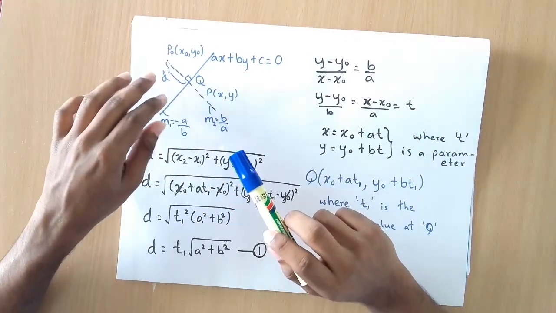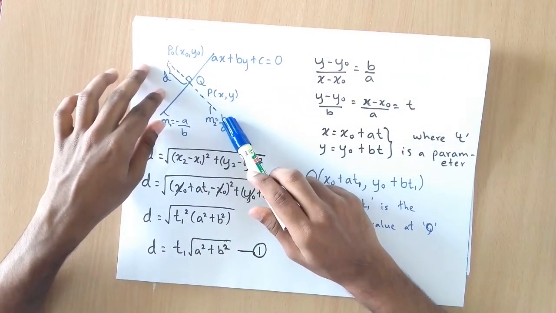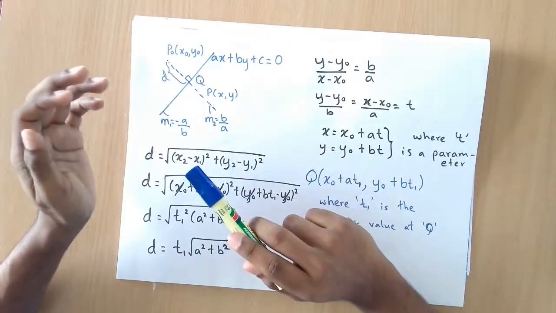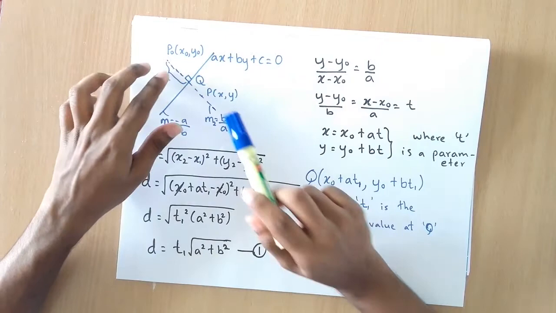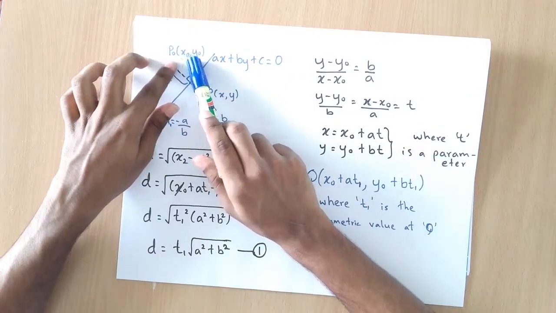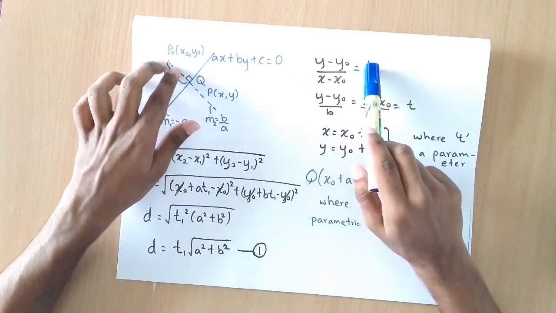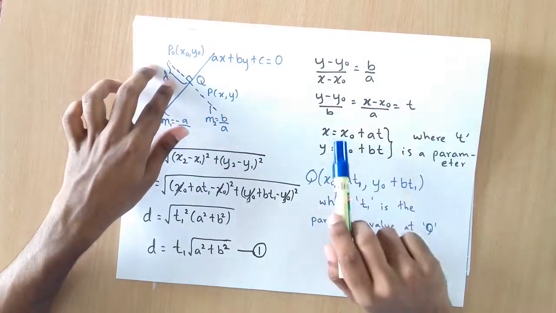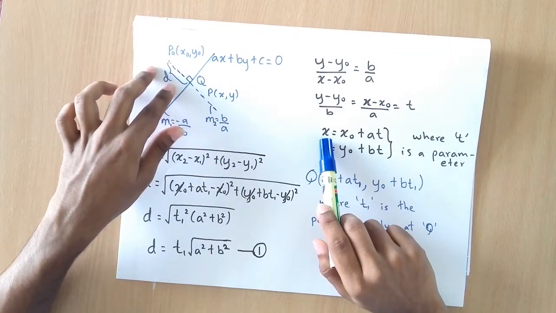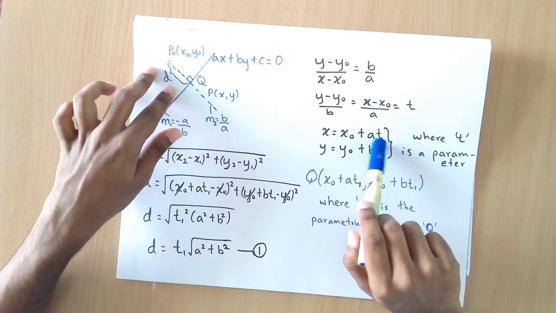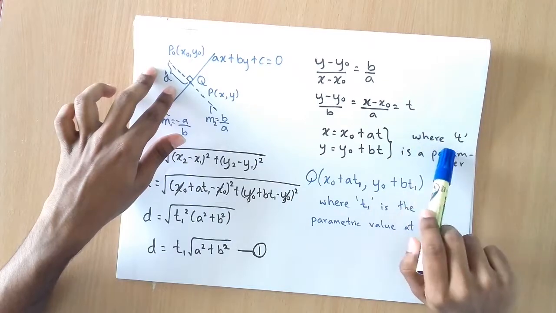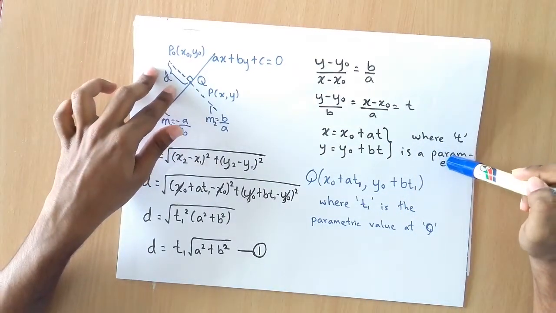Now we need to find the equation of this perpendicular line in terms of the parametric form we learnt in our previous video. Since the fixed point is P0 (x0, y0) and the gradient is b over a, we can write the parametric form as x equals x0 plus at and y equals y0 plus bt, where t is a parameter.